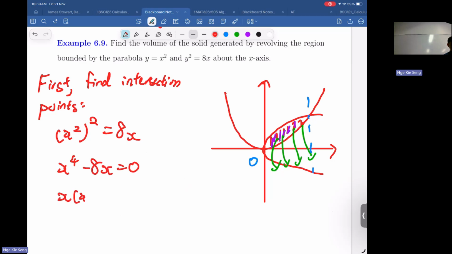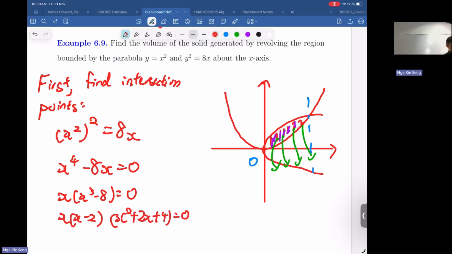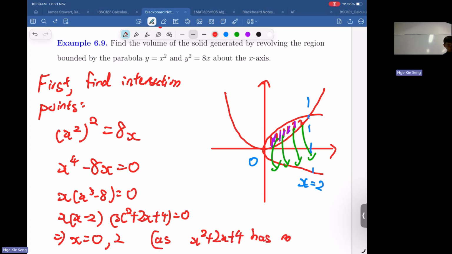Then we factorize it, and further factorize. You find out that one of the parts has no real root. You can solve it in complex, but not real. So there are only 2 real roots, x equals 0 and 2. In this case, this blue line here is x equals 2. You need to argue that x squared plus 2x plus 4 has no real root, using the discriminant.